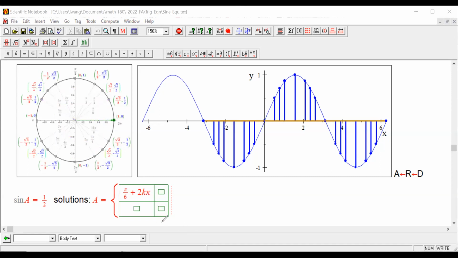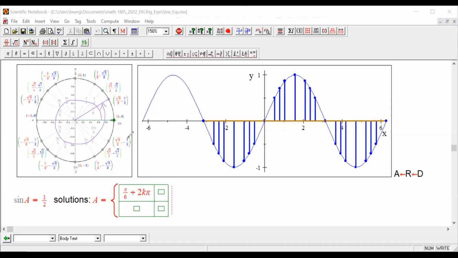Oops, my terminal is gone. I would want that to come back. All right, so when k equals 1, you have pi over 6 plus 2 pi. This is pi over 6 plus 2 pi, you go around, boom, that angle.